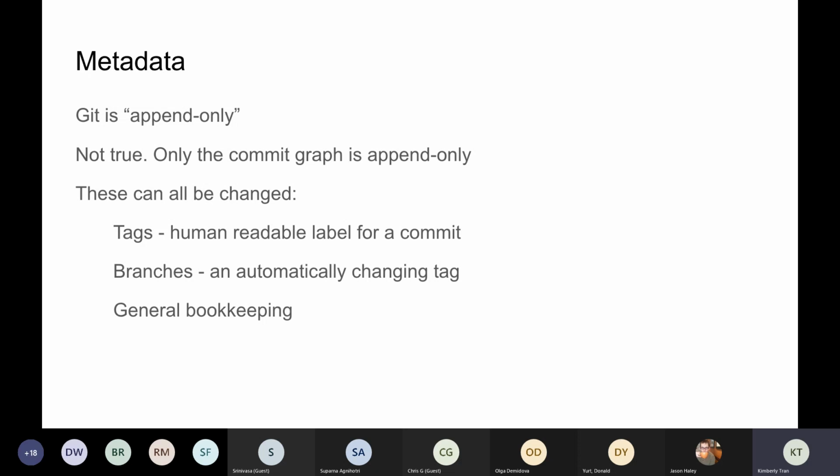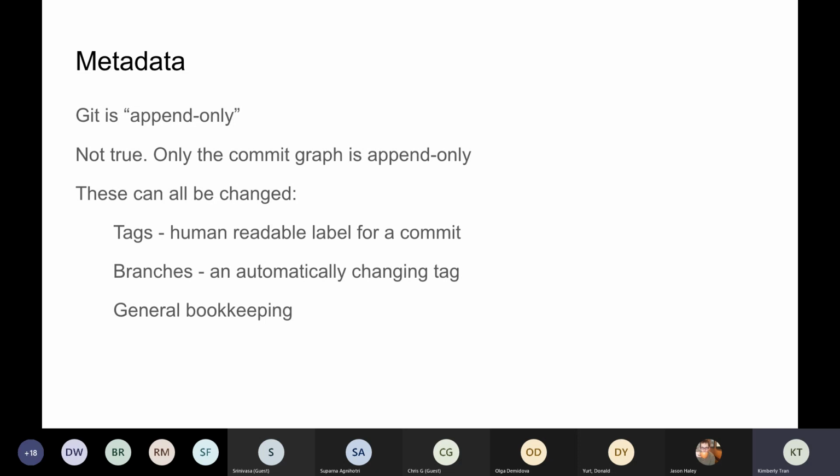The tags, the branches, general bookkeeping like remotes, and what branches map to what branches, that is all just metadata. Furthermore, that metadata is contained in a text file within the .git repo. It's a config file. You can look in there.